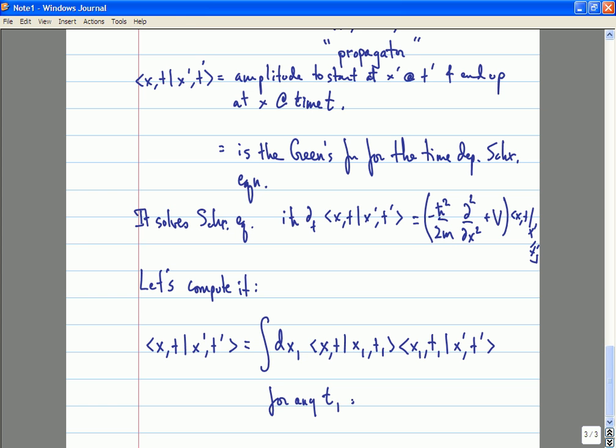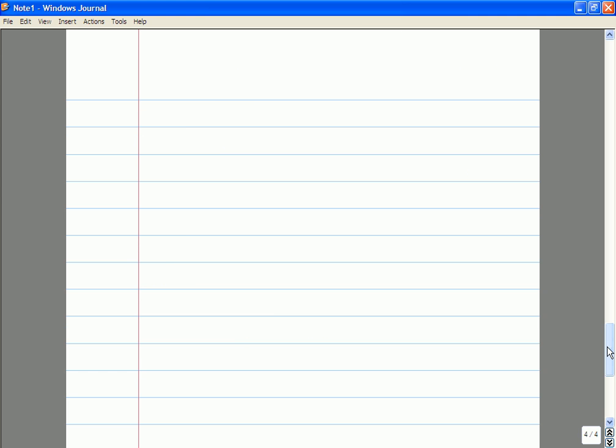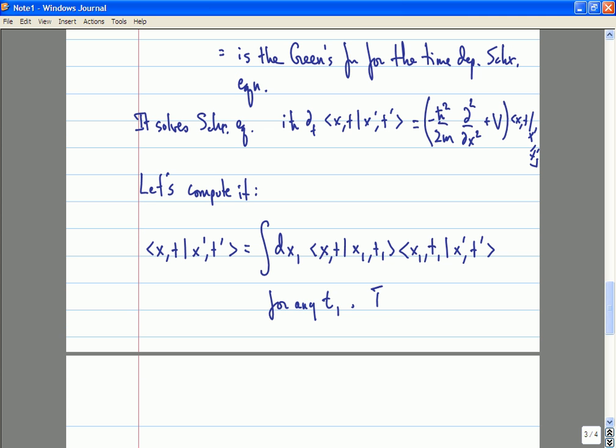And in fact, this is just a consequence, and indeed, it's just a rewriting of the basic feature of unitary time evolution operators, namely that the unitary time evolution operator to go from t prime to t is the product of the operators U from t1 to t and U from t prime to t1.